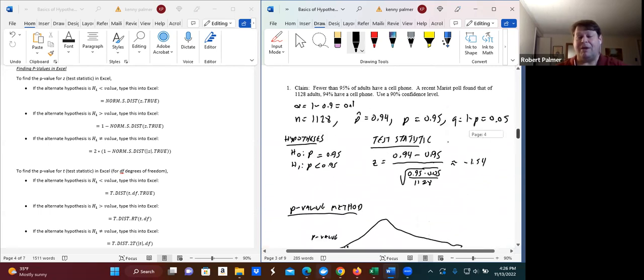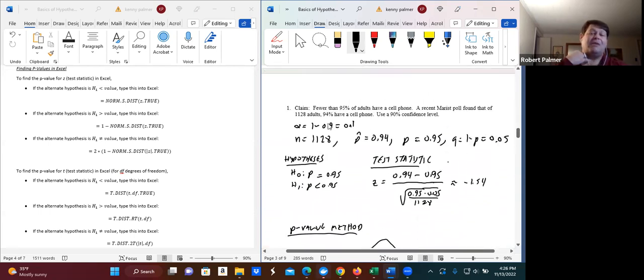Now, the idea of this study, the idea of what we're doing here, is that for comparison purposes, we're assuming for our null hypothesis that the value of adults who do have a cell phone is 95%. That's more for comparison purposes, not necessarily that we automatically believe that to be the case. But we need something to compare against our claim that the proportion is less than that.